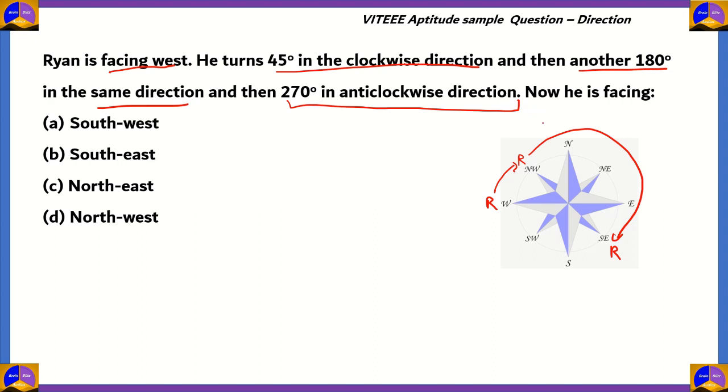If you are getting confused about the direction that he has turned, then what we can do is add 180 and 45. So 180 plus 45: 0 plus 5 is 5, 8 plus 4 is 12, so 1 goes here, 1 plus 1 is 2. So 225 degrees clockwise from the original direction is where Ryan is facing now. We now need to turn 270 degrees in the anti-clockwise direction.